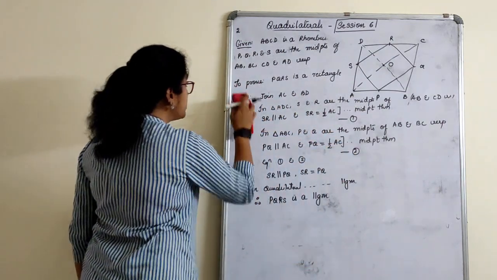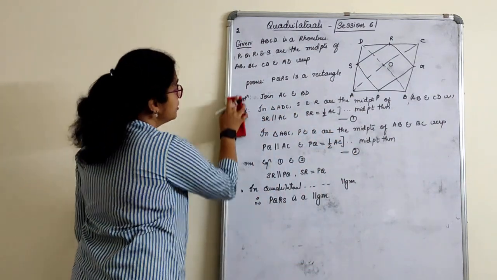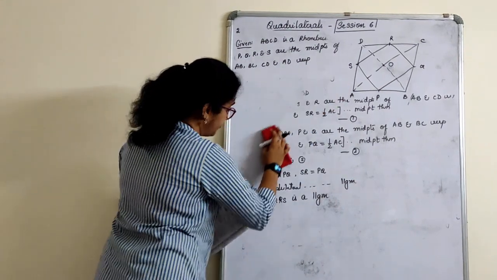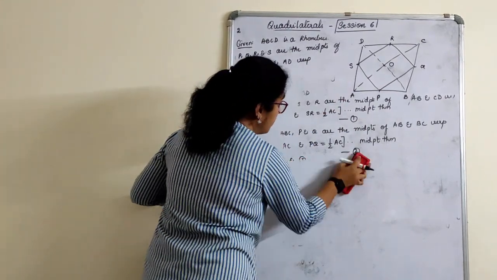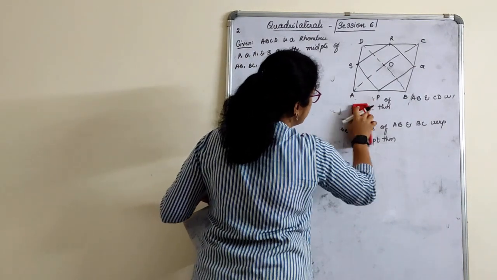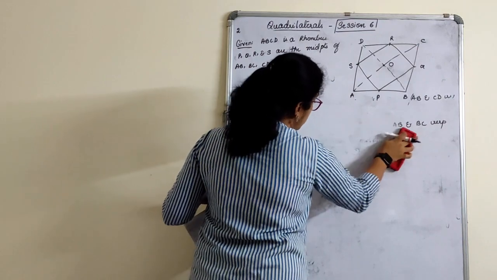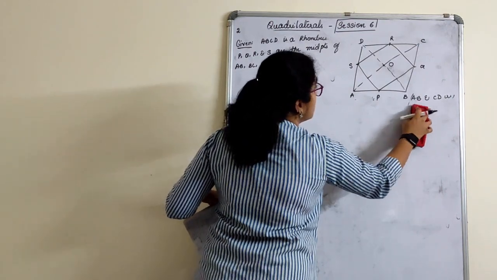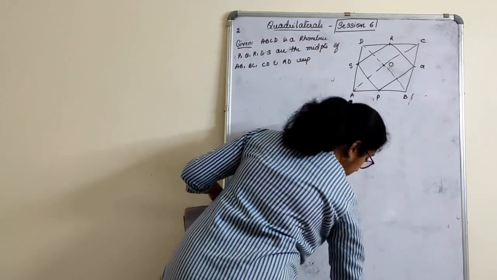Now I will erase it from here because there is still further. We need to prove that PQRS is a rectangle. So you can write down this. Now we know that diagonals are bisecting at point O, right? We also know that diagonals bisect perpendicularly because it is a rhombus.